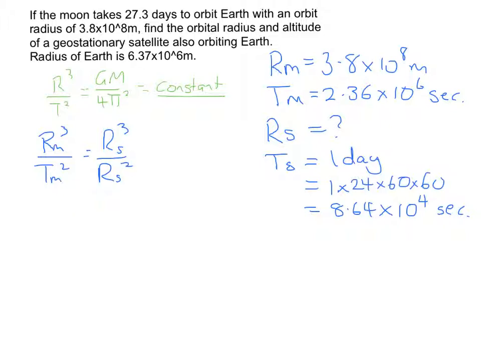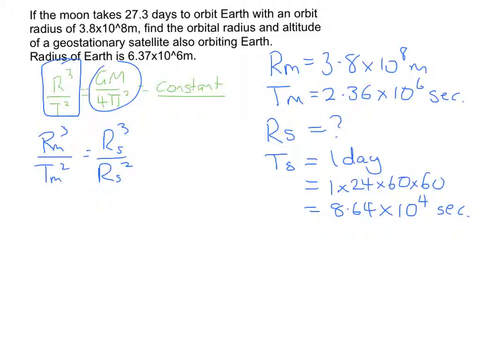Because all of this is a constant, it means that that is constant. So we just apply this ratio per object which is orbiting around Earth. If we had the moon, we could have had the space shuttle, we could have had whatever. As long as you're looking at the same object, the radius of its orbit cubed divided by the period squared of whatever the object is travelling around Earth will be a constant value. So we can set them equal to each other.